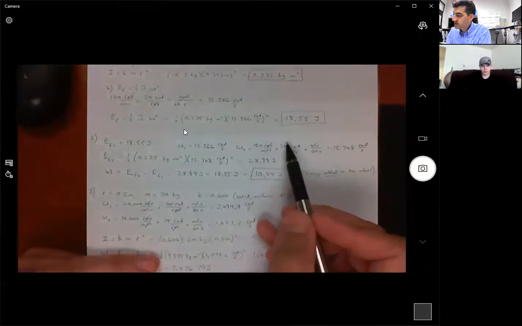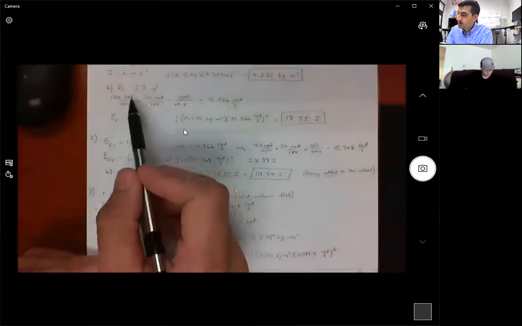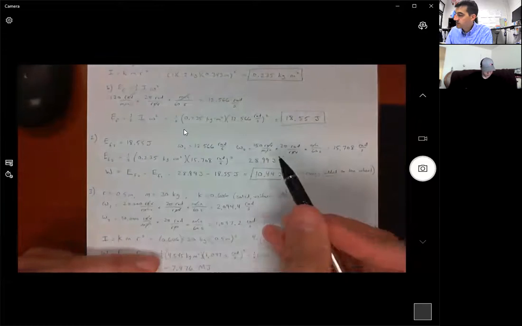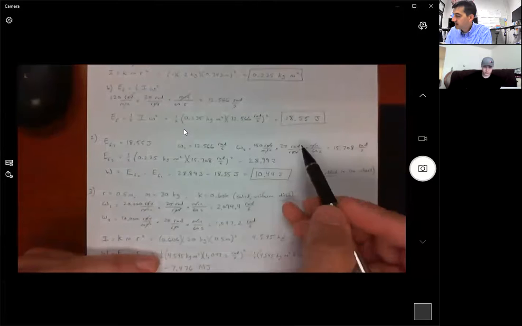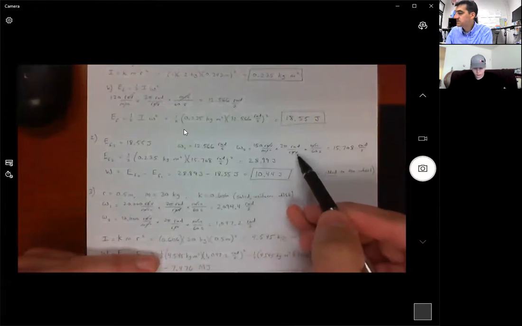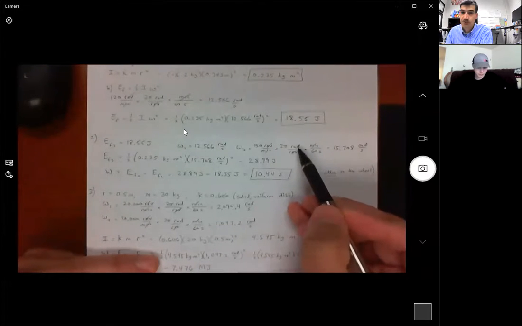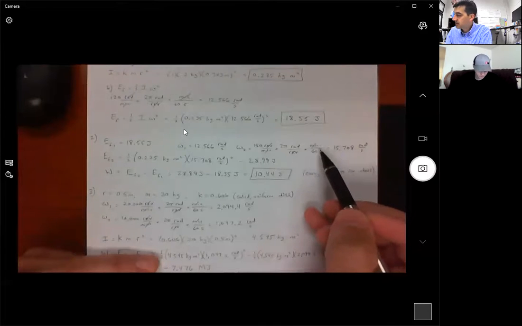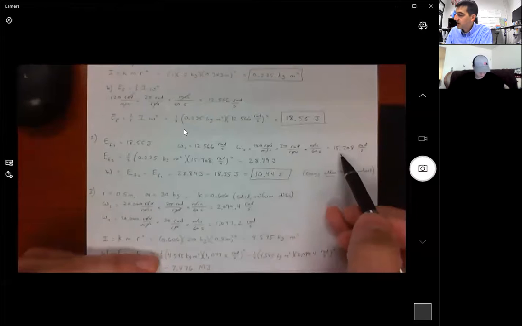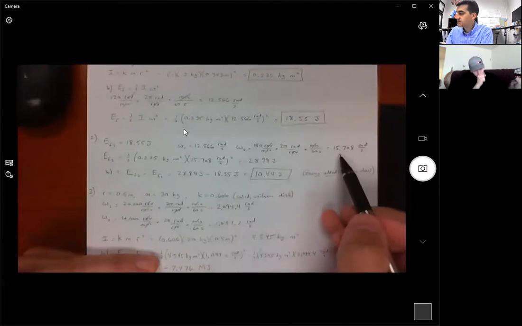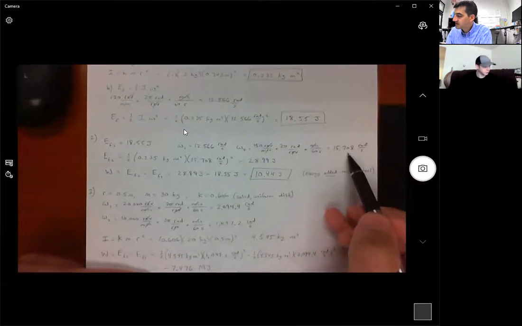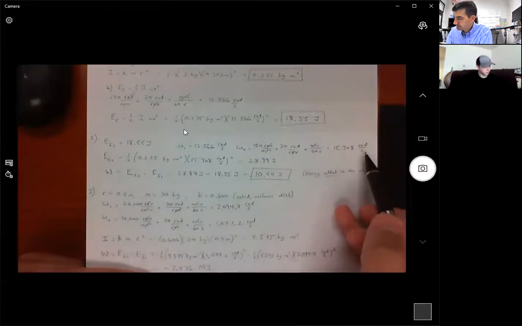So we do a conversion here, just like we did up here in 1B, converting revolutions per minute to radians per second. So once again, cancel out your revolutions, knowing that 1 revolution is 2 pi radians. Cancel out your minutes by knowing that 1 minute is 60 seconds. And you get the angular velocity at time 2 is 15.708 radians per second.